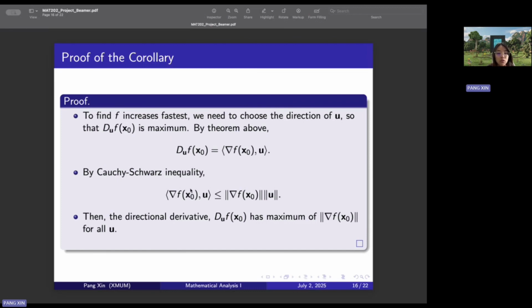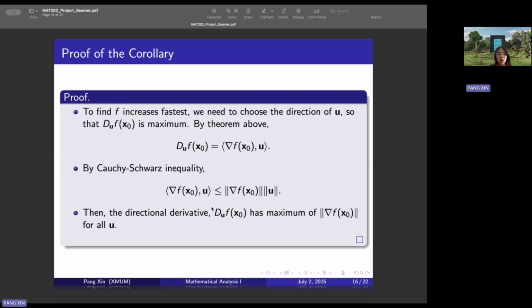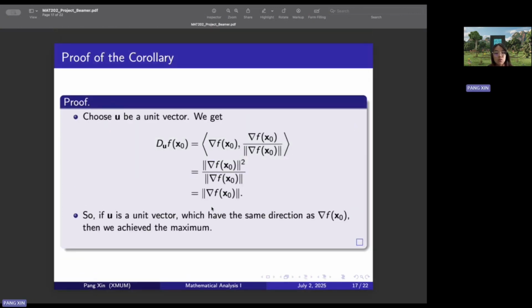So, by the Cauchy-Schwarz inequality, we show that the maximum directional derivative is achieved when the direction matches the gradient. If we choose u to be the unit vector in the gradient direction, we will achieve the maximum as mentioned here by some simplification. That's why optimization problems often follow the gradient. It leads to the fastest increase.